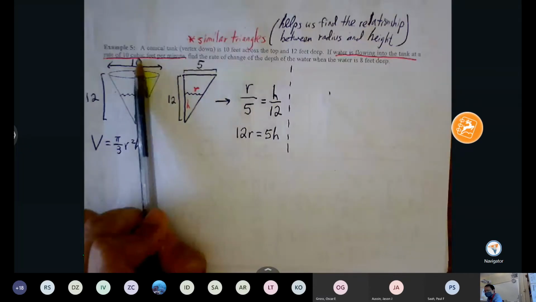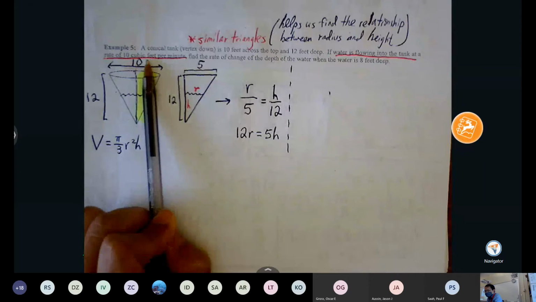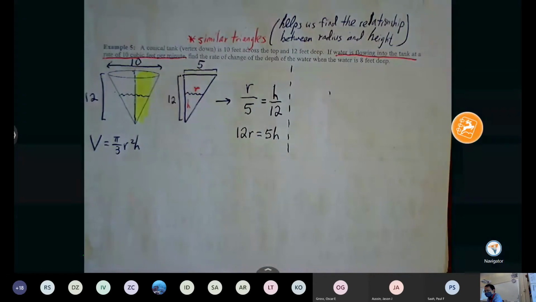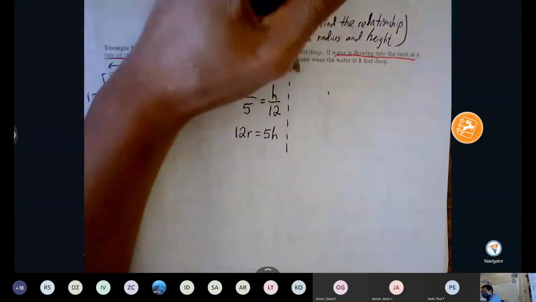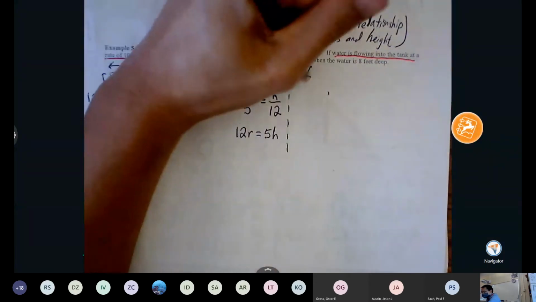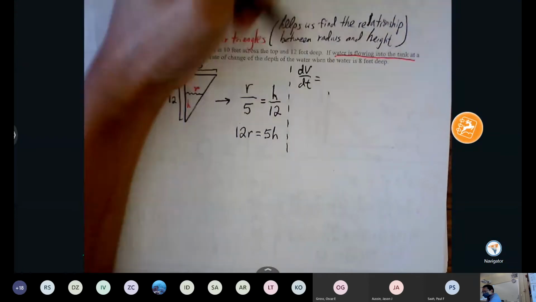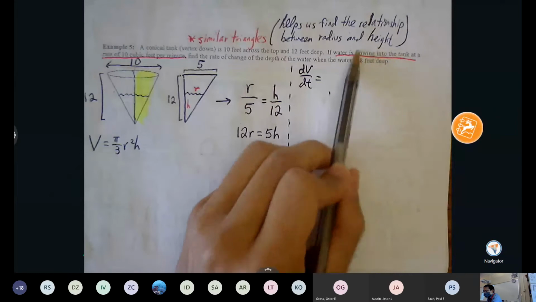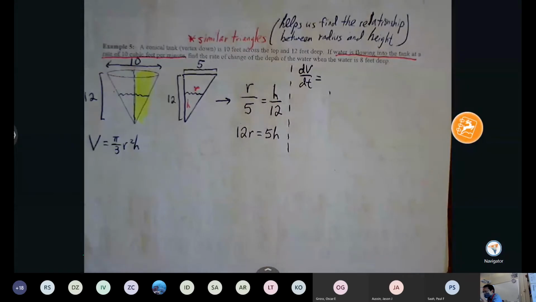Good. Cubic feet, we know that's volume. Per minute, that's a rate, so it must be dV dt. Positive or negative? Positive. Yeah, flowing into the tank, right? Water is accumulating inside the tank.